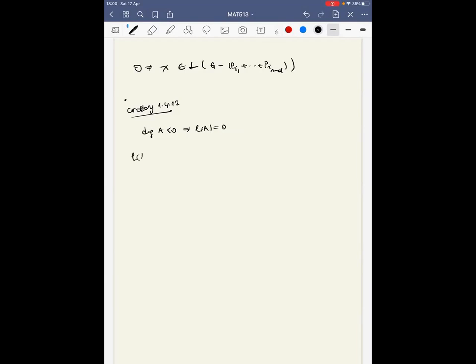But if the dimension is not 0, that means if our Riemann-Roch space is not the trivial space, by contraposition, we can argue that the degree of A is supposed to be bigger than or equal to 0. So in this case, this Riemann-Roch space is not trivial because it contains the non-zero function x. So its degree should be bigger than or equal to 0.